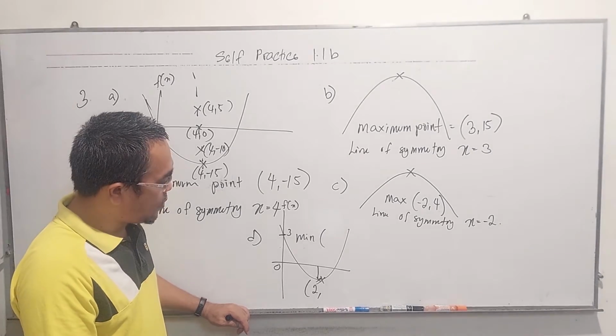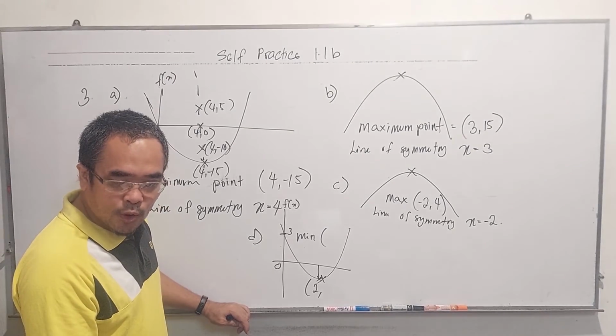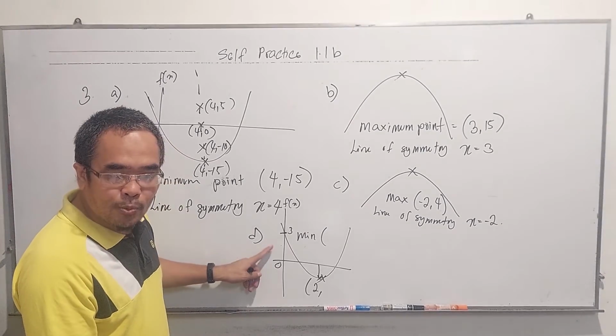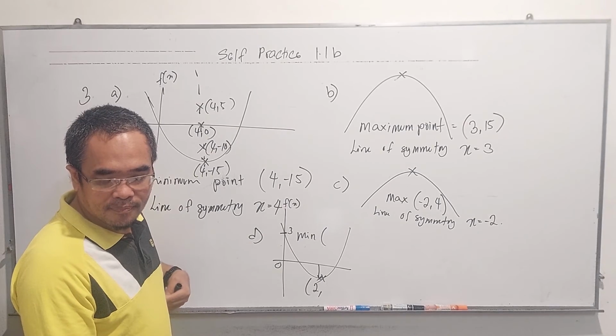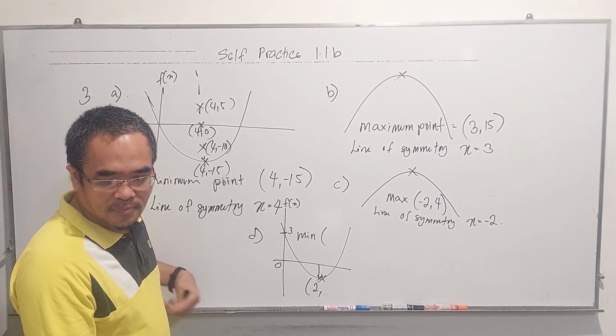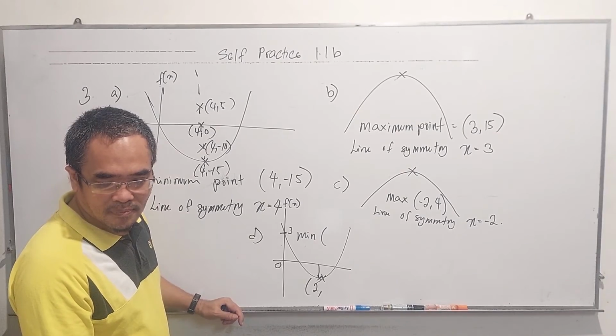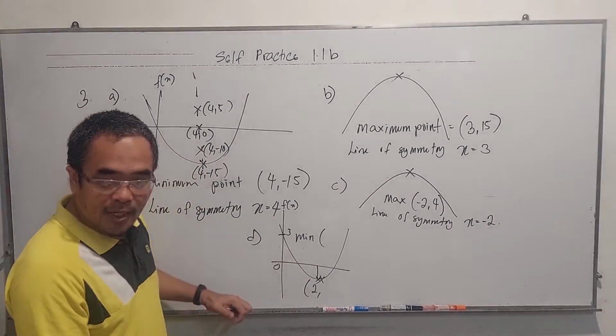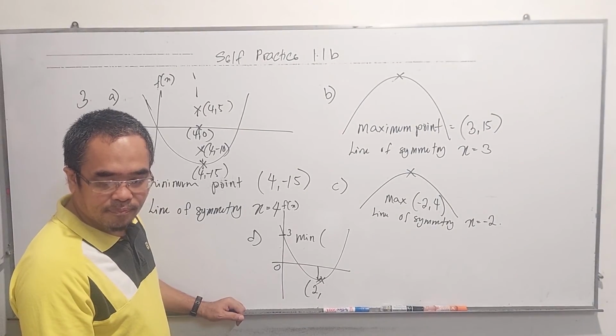No. So what is it? How many boxes will take one number? 5. So how many boxes from here to here? 10.